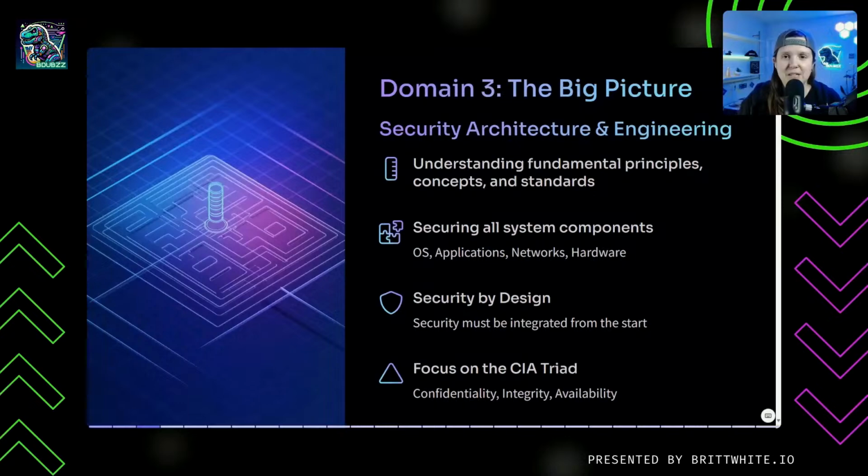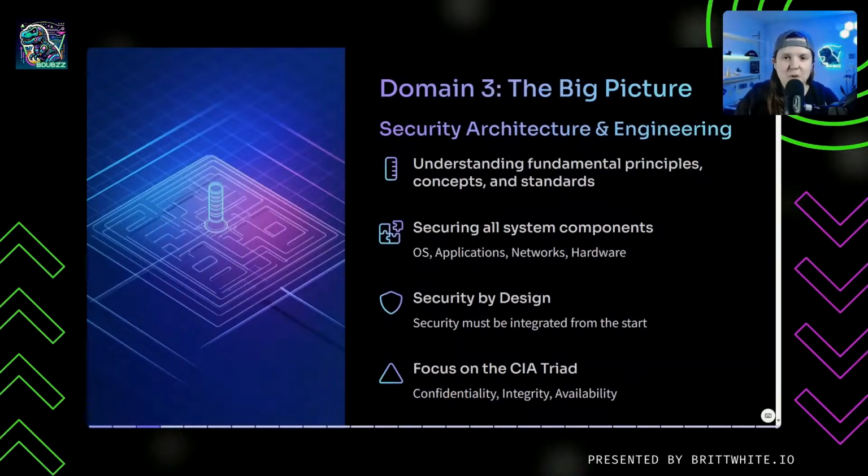And I really want to emphasize the word secure here. This domain isn't just about building systems. It's about building them securely. It's about protecting our data, preventing breaches, keeping the bad threats out, while also ensuring confidentiality, integrity, and availability of our information. Remember that CIA triad?